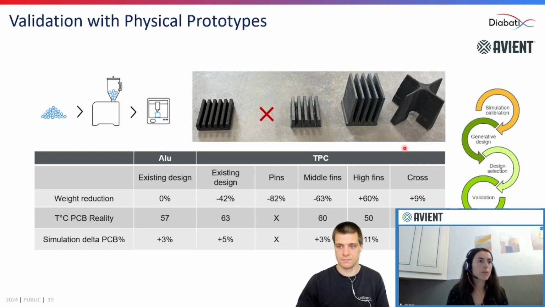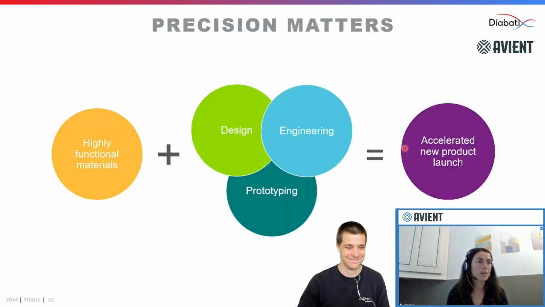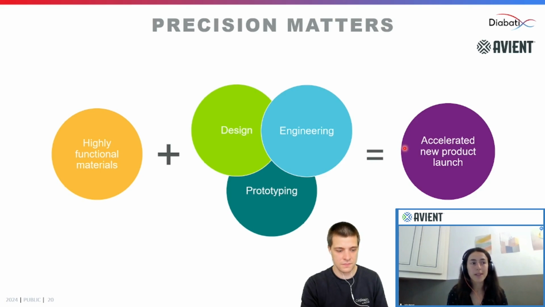For the next slide, I think it will also be the last. This case study has shown us the potential of thermally conductive material to replace aluminium in lighting applications. It requires some design and simulation work to find the right balance, but it's well supported by software such as Avient-Diabatix.